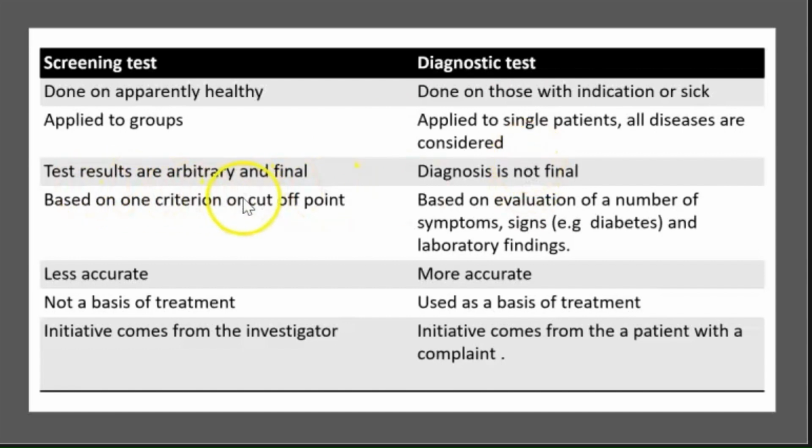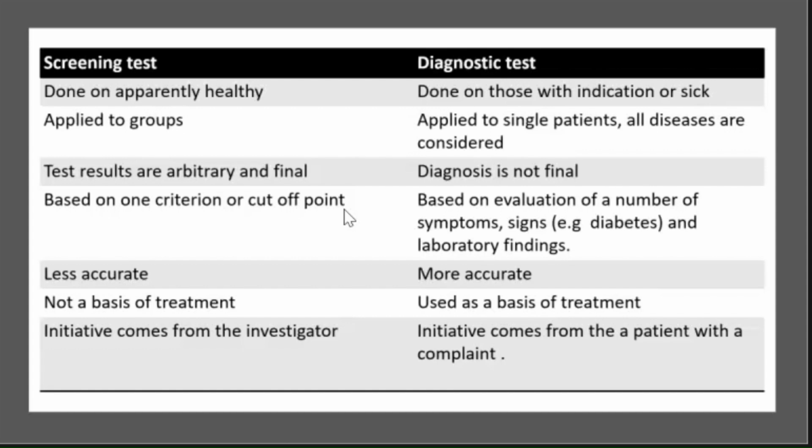And test results arbitrary, final means we need to consider that the person is either positive or negative for the screening. It should be based upon one criteria or the cutoff point. It means before doing any kind of screening test, we need to decide beforehand what will be the criteria for positive screening test, what will be the criteria for the negative screening test.